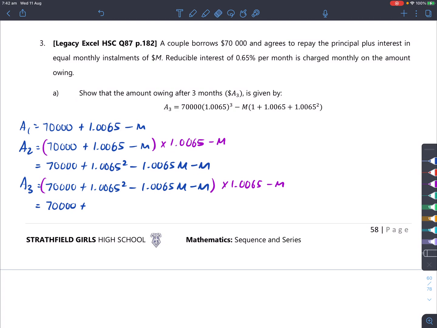Oh, you know what? I think I stuffed this up. This should be times there. Sorry about that. So now this would be 1.0065 cubed minus 1.0065 squared M minus 1.0065 M minus M.